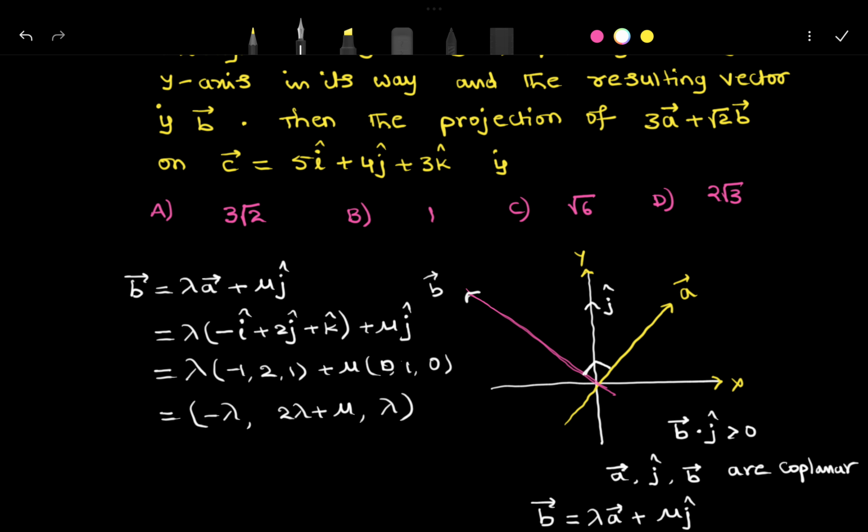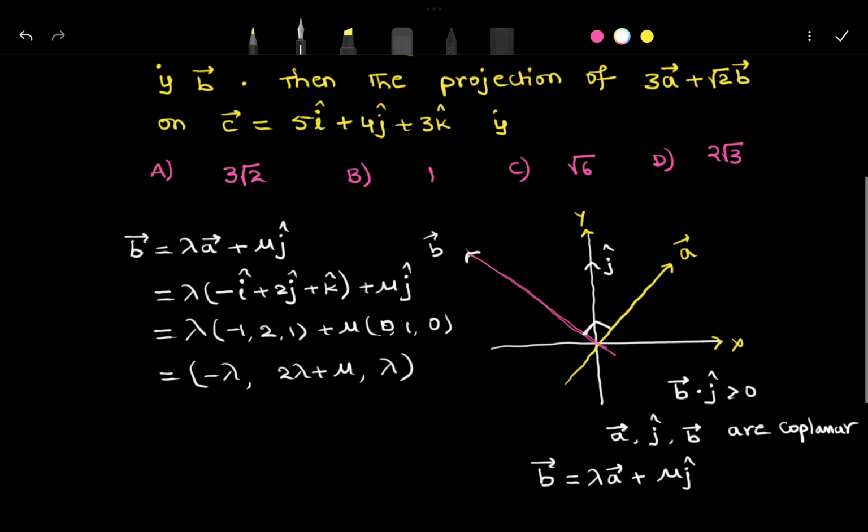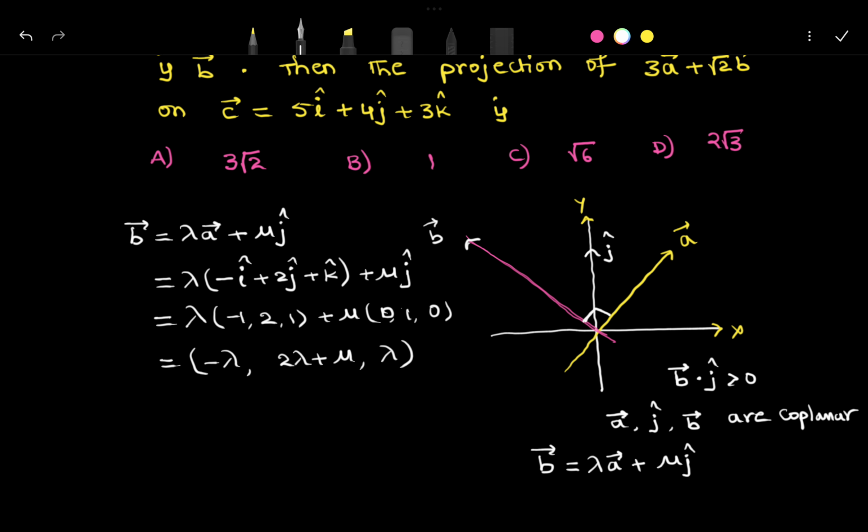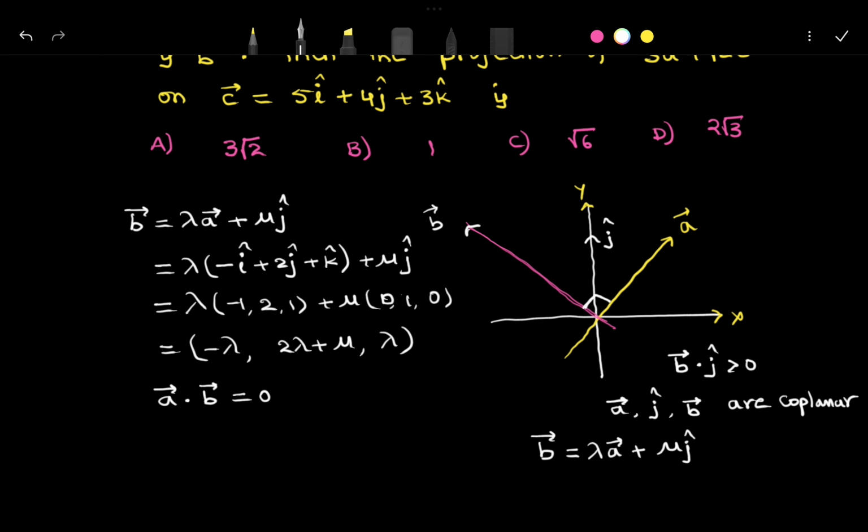Next, a bar is rotating through the y-axis at a right angle, and that means the angle between a bar and b bar is 90 degrees. So a bar dot b bar equals 0. A bar is minus i plus 2j plus k, and b bar is this value.